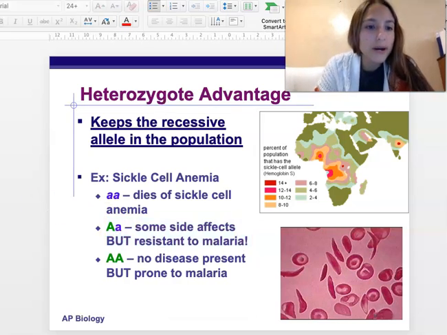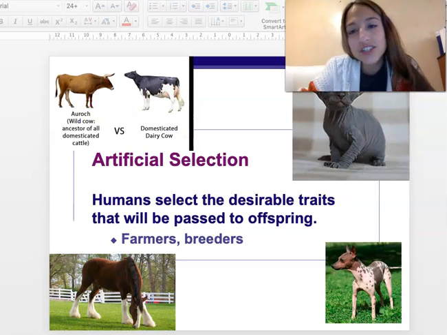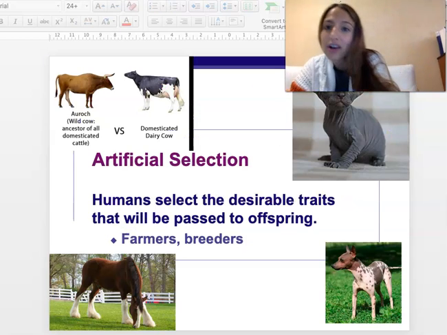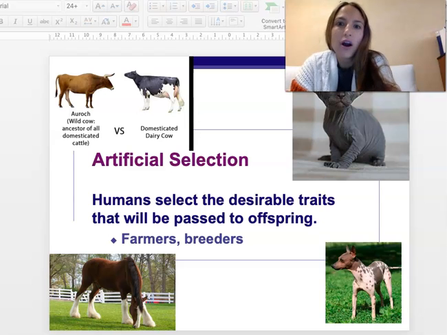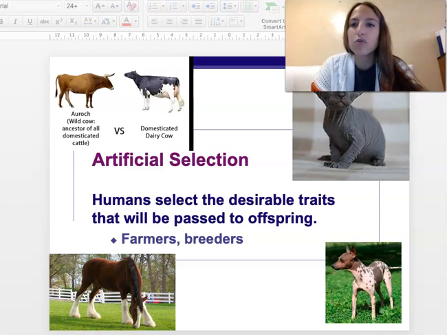We can also talk about artificial selection. This is pretty much what we've done with cats, dogs, farm animals, and a bunch of crops. Okay, so we select for particular traits that we want.